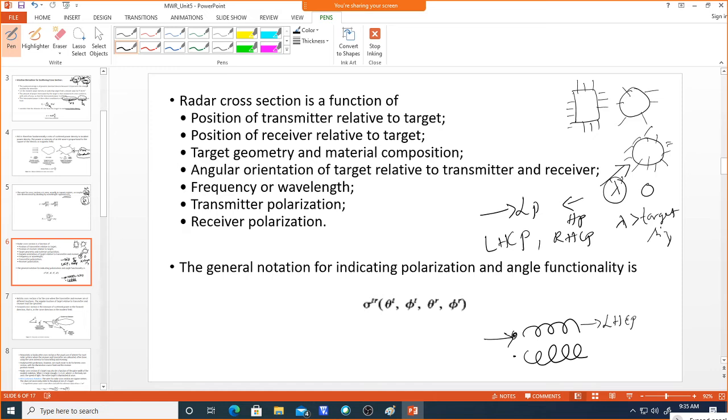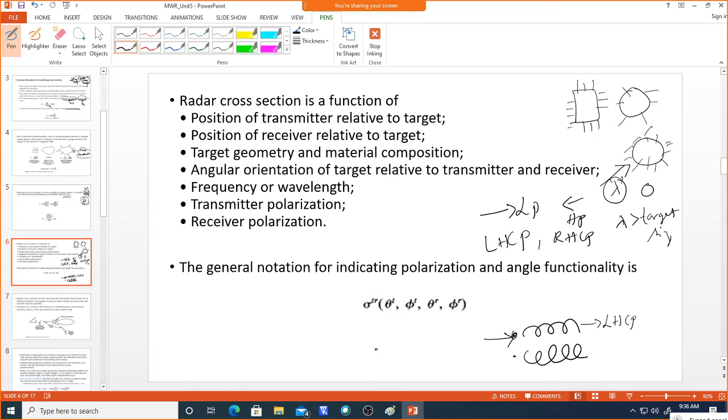You can even use your hand: take the thumb in the direction of wave propagation, either towards you or away from you, and from the rotation of the other fingers you can decide left hand or right hand circular polarization.